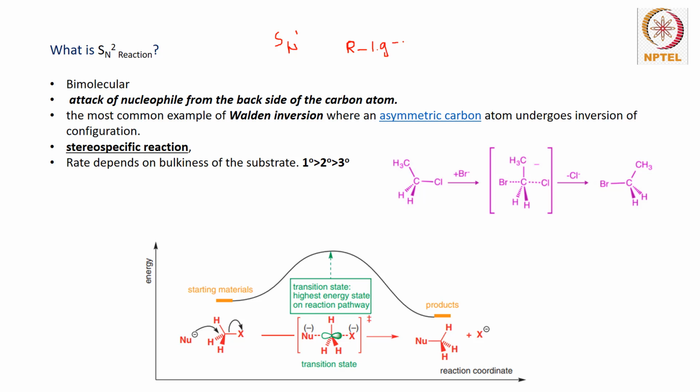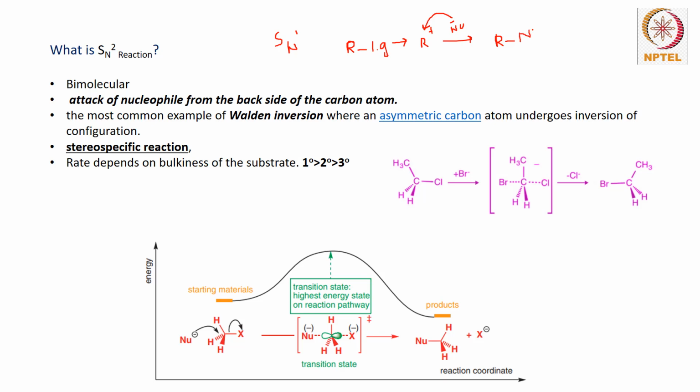The leaving group leaves the system first, generating a carbocation. After that, a nucleophile enters and we get our substituted product.